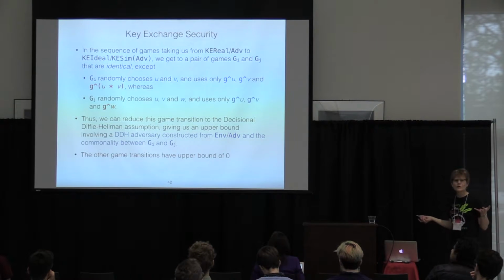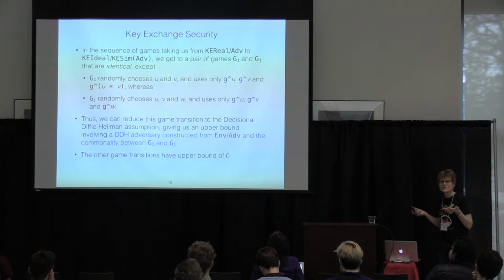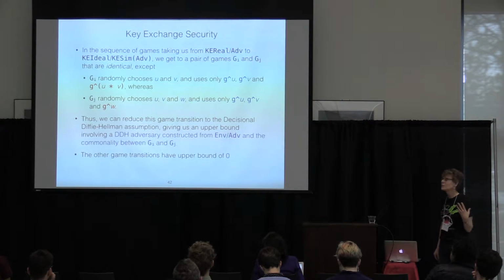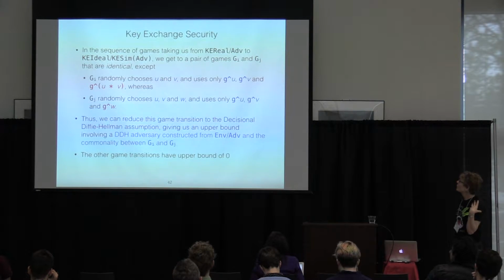So that is the reduction. Crypto people sometimes find this a little bit confusing, that the reduction is this concrete adversary for DDH that we've built. And the other game transitions all have upper bounds of 0. In fact, this is the only computational part in the whole proof.